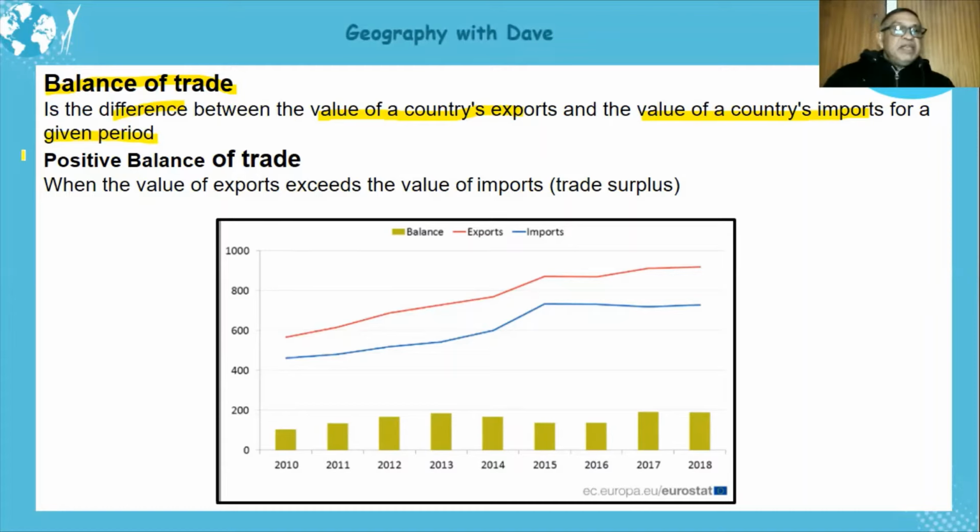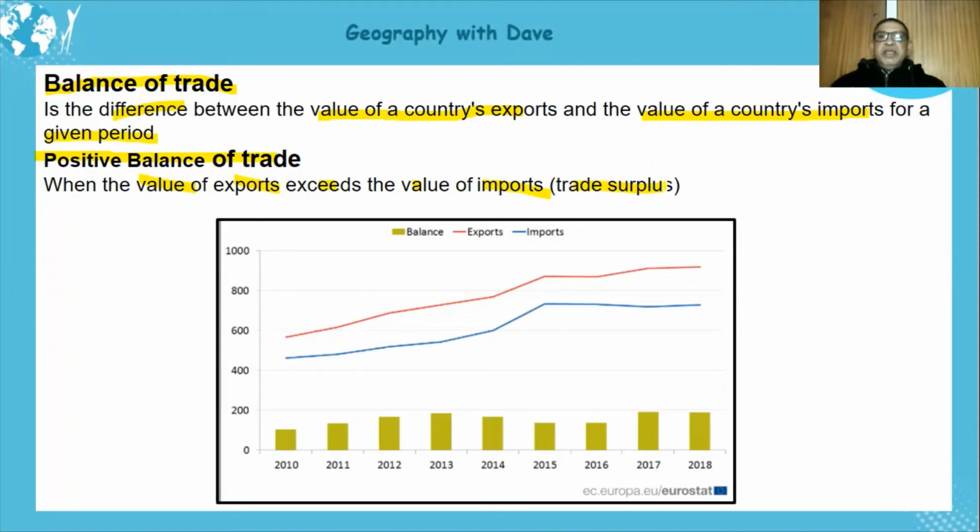A positive balance of trade is when the value of exports exceeds the value of imports, means we have a trade surplus, means we have money in our pocket. Let's take a bigger figure. 1 million is too small. We sold to other countries for R1 billion or 2 billion Rand.